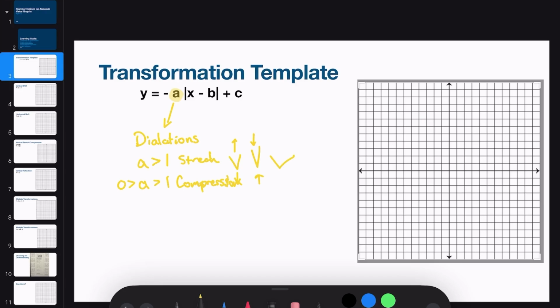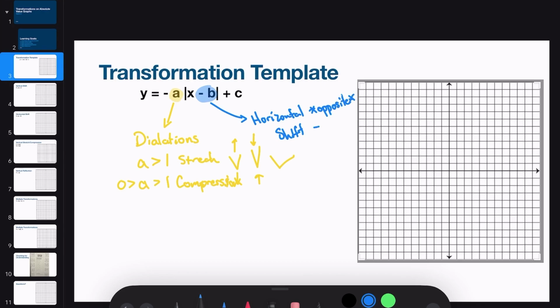Then let's go on to our B value. Our B in here is considered our horizontal shift. Now, because it's inside the absolute value, what we want to know is it's going to be opposite of what it looks like.